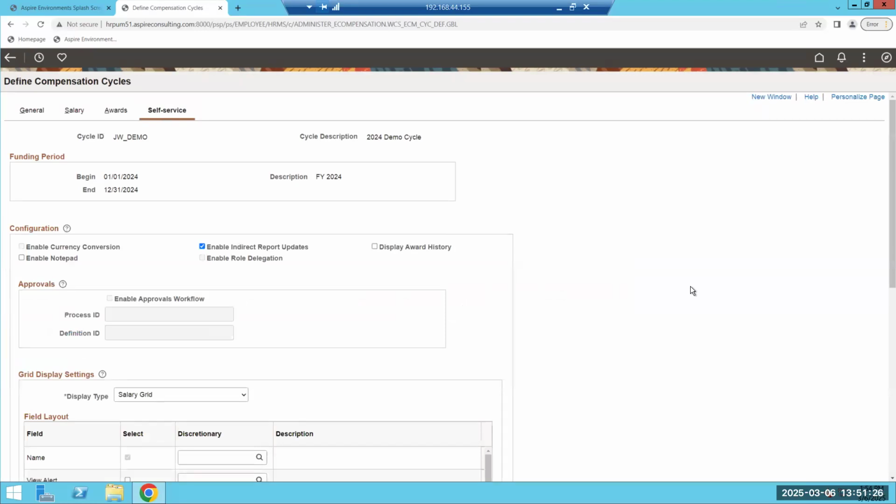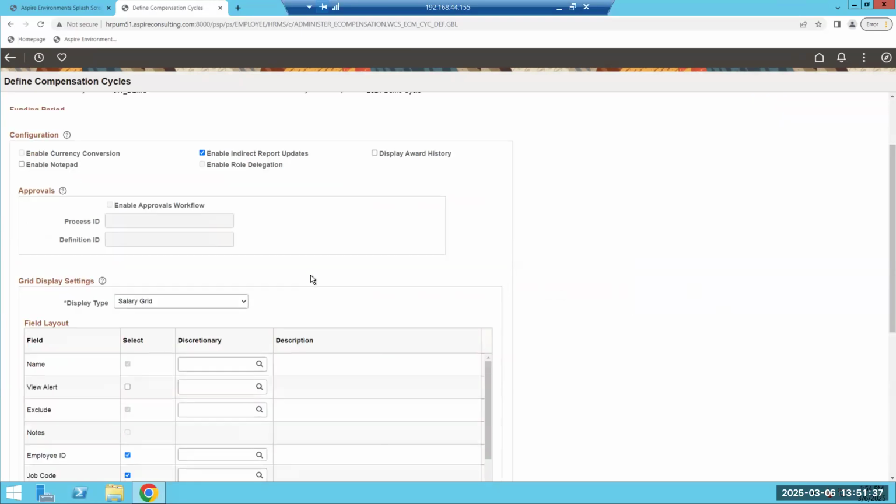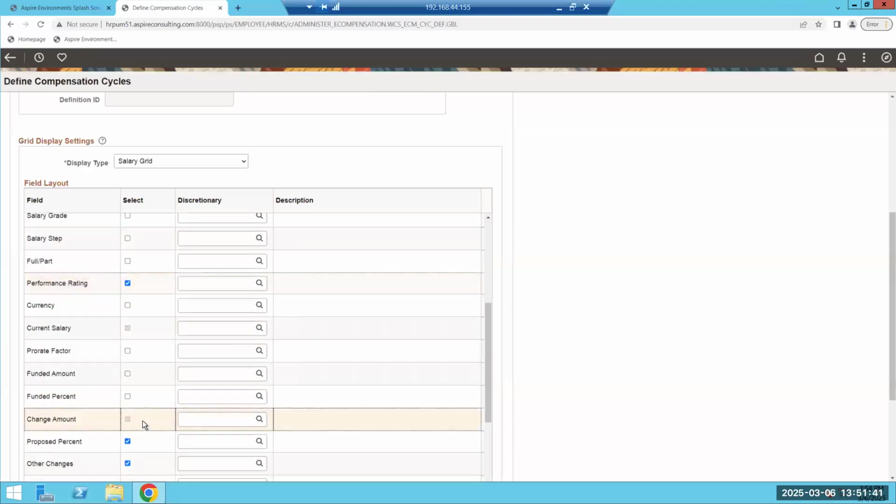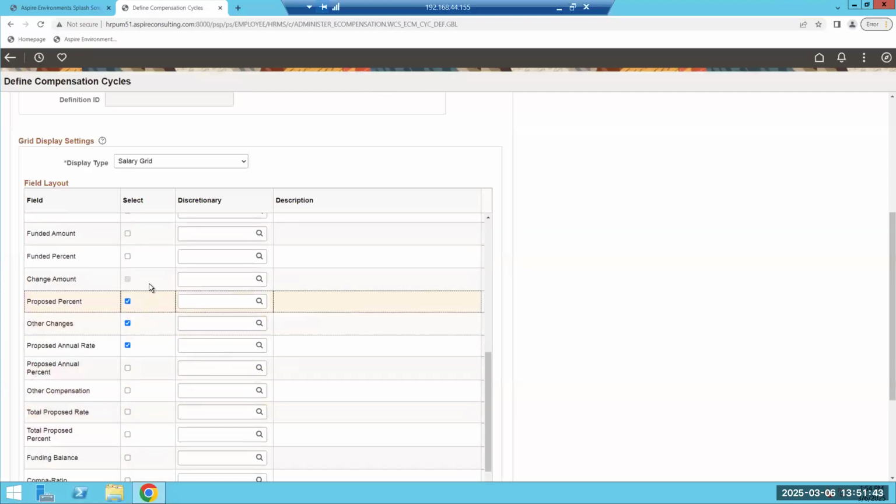Self-service is where we specify what is to appear on our planning page. And so basically we can check on these various fields that we want to include on the planning page. Some are on by default, like the change amount.